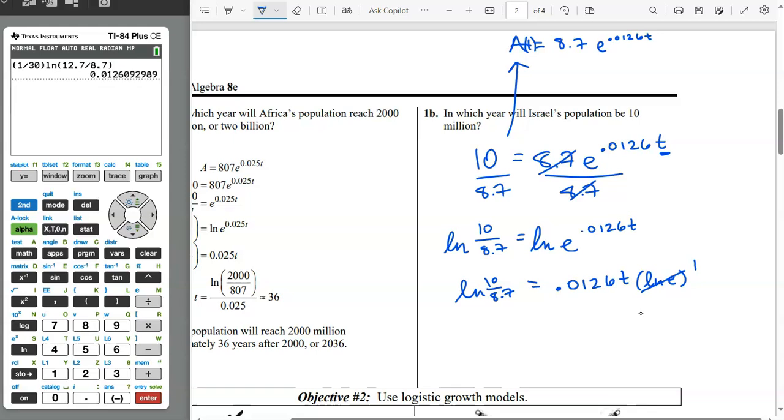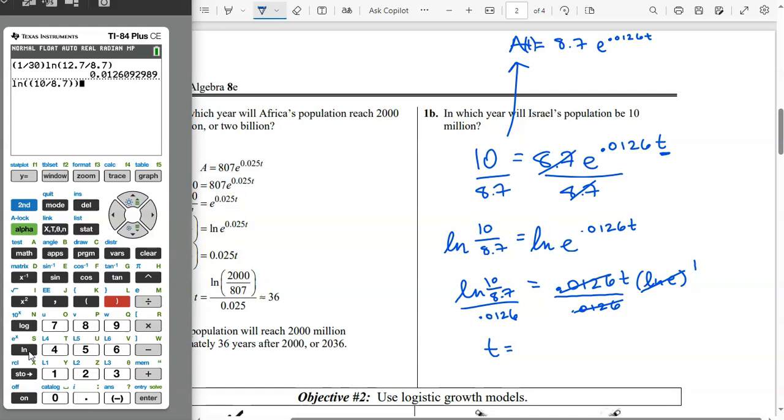And now we need to divide both sides by 0.0126. On the right side it's going to cancel, so we're going to get t equals the natural log of 10 divided by 8.7.